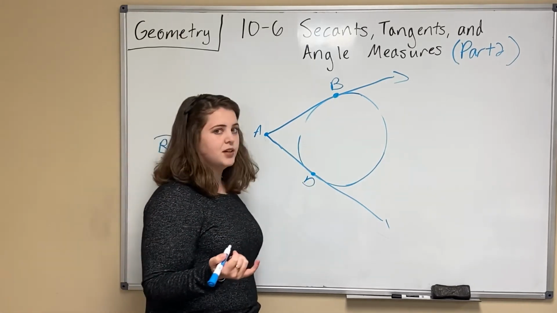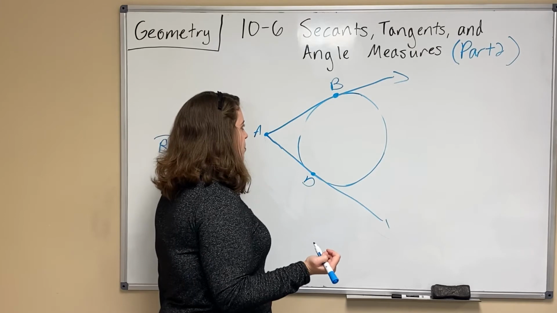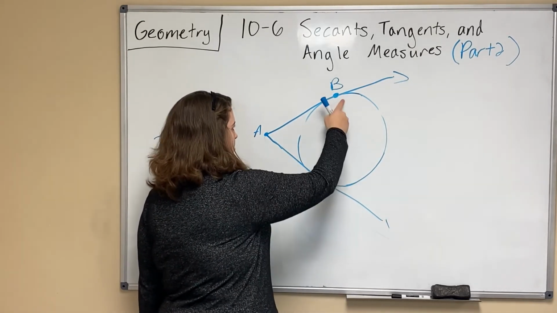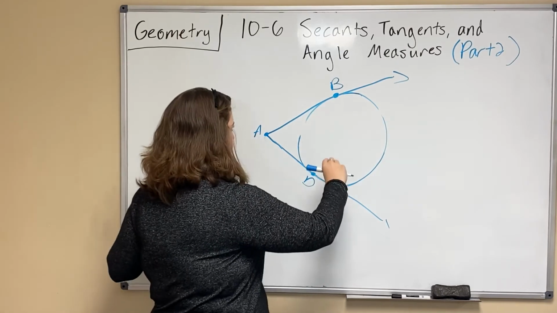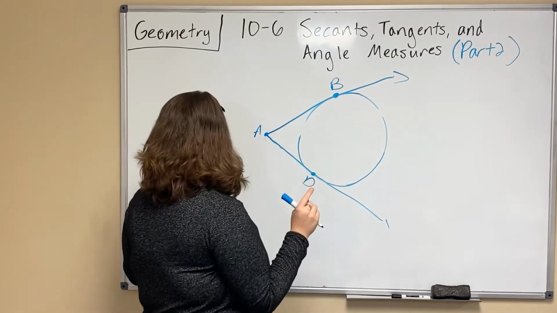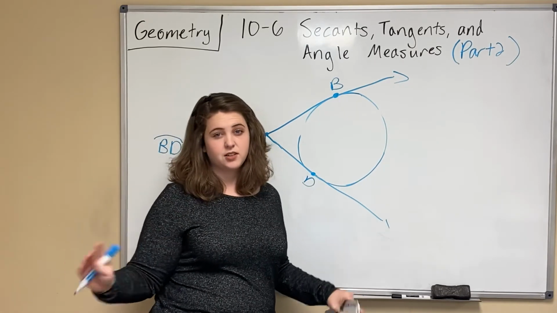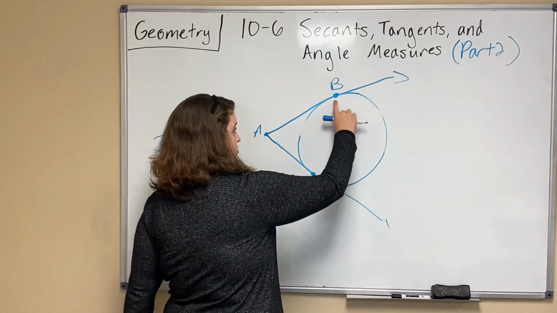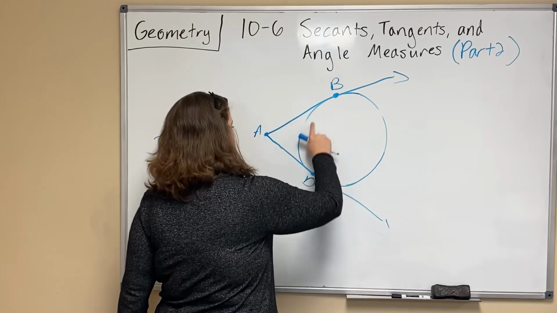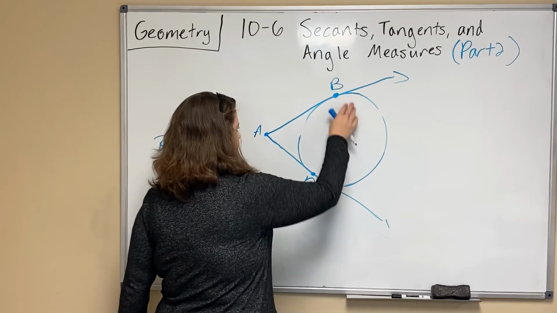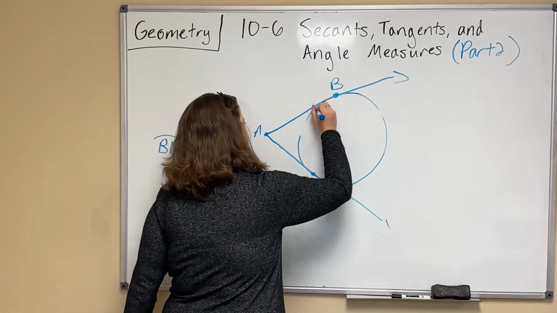Now what you'll notice is that this time we have basically the whole circle, but that doesn't change the formula that we use. We're still going to do the big arc minus the small arc. This time it's just going to be all of our degrees for the whole circle.